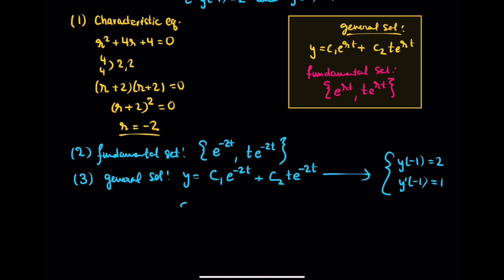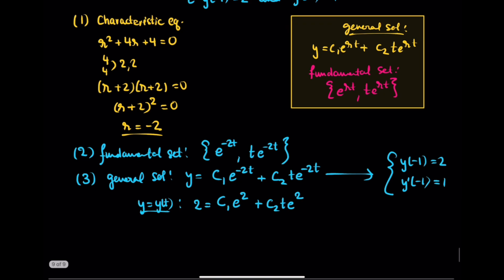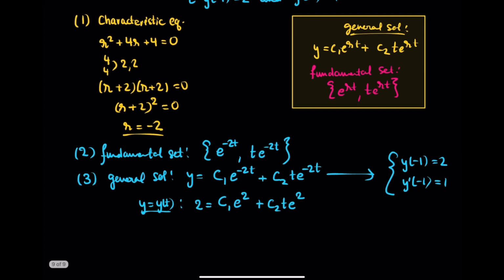So the first condition is just using y, and recall y equals y(t). So 2 equals c1 e to the 2 plus c2 (-1) e to the 2. And then again, we have to take the derivative. So y prime is -2 c1 e to the -2t.